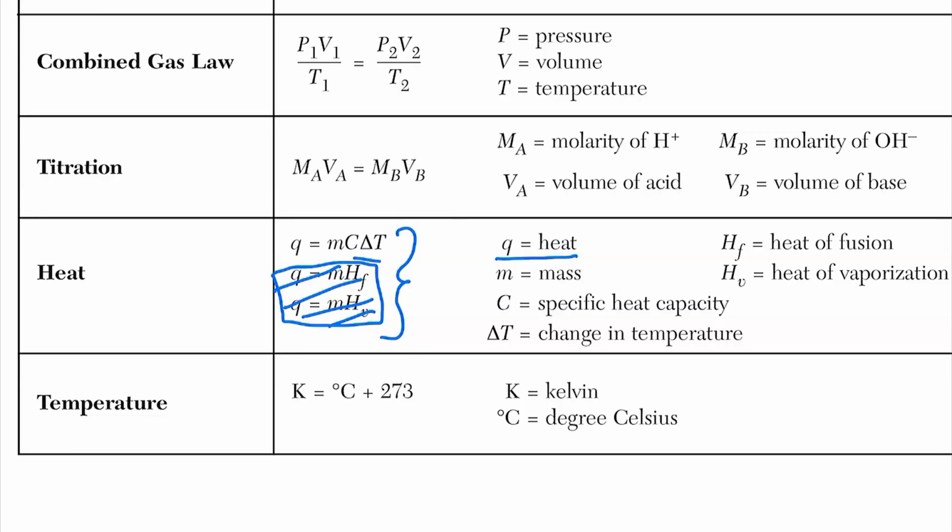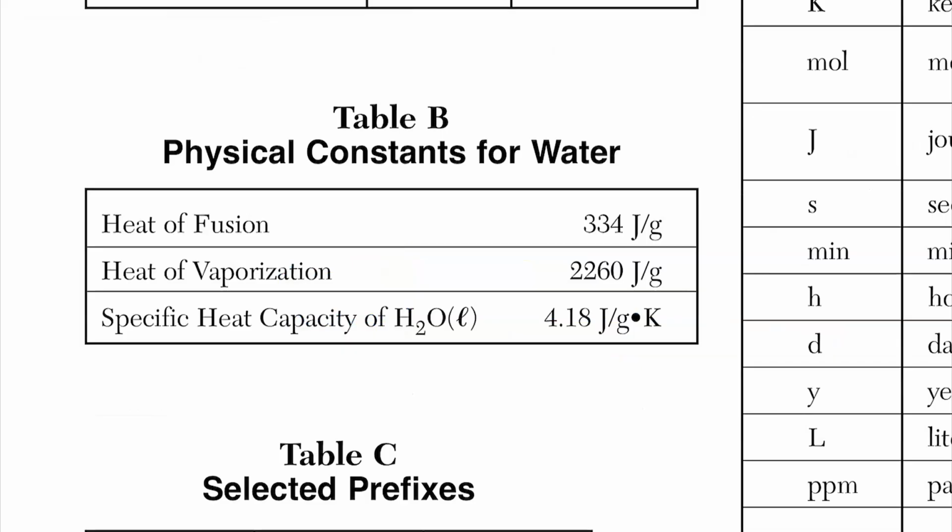And they tell you m is the mass, and C is the specific heat of water, and there's a change in temperature. If you've got a candle underwater, you know the water is going to go up in temperature. You may say, well, what's the specific heat capacity? What value is that? That would be Table B. Since this is about water, these are physical constants of water, and we have our specific heat, 4.18.